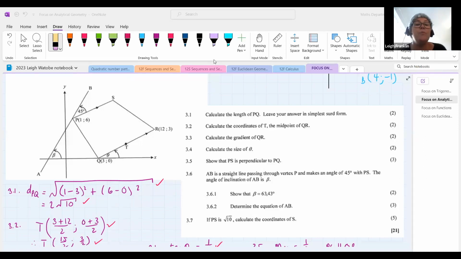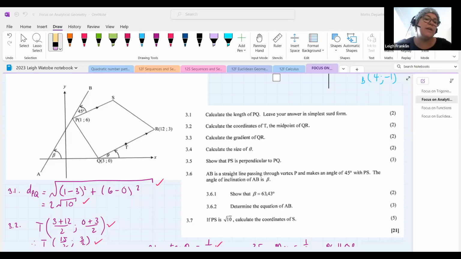Okay, but Lumelo, you don't have coordinates at A or B. So we don't know the gradient of line AB. Teddy, where do you think it comes from? Ma'am, they said it's passing through P. So we've got the point P, and we can use the x-intercepts.